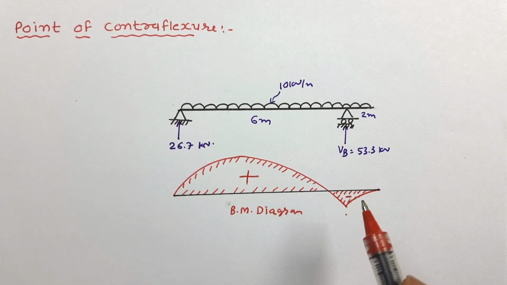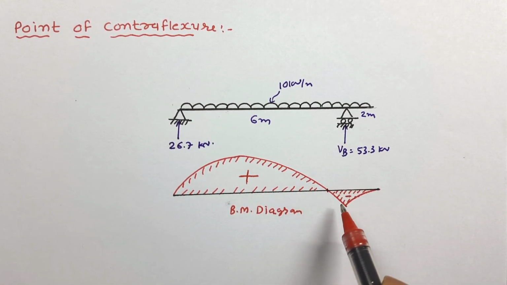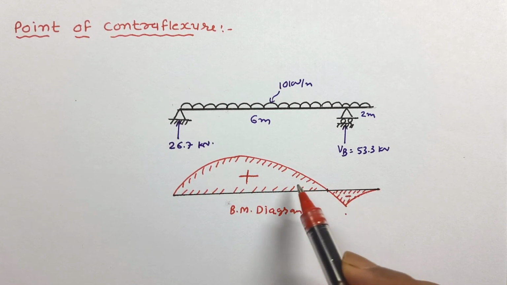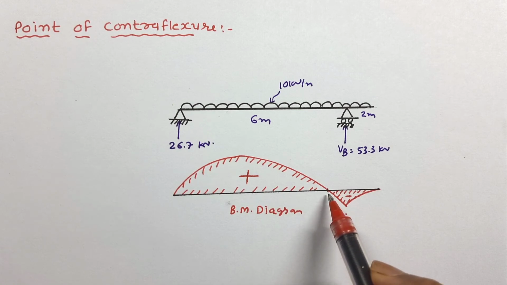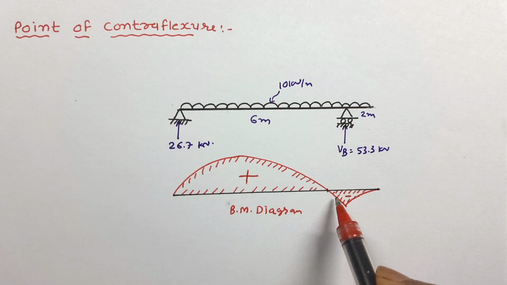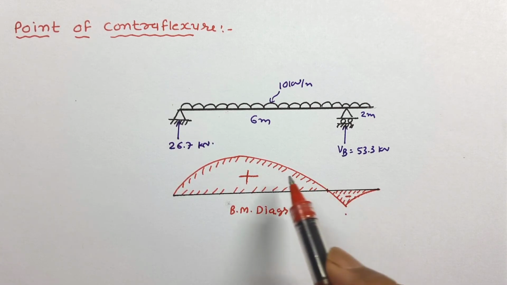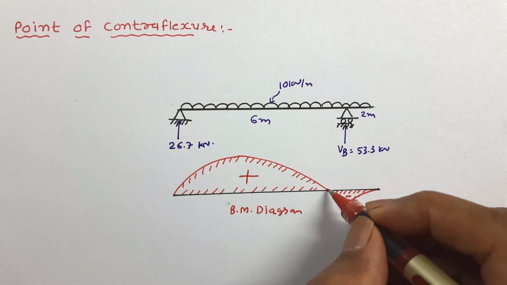So at this point the bending moment changes its sign from negative to positive. Such a point in the bending moment diagram at which the bending moment changes its sign from positive to negative or from negative to positive is called point of contraflexure.